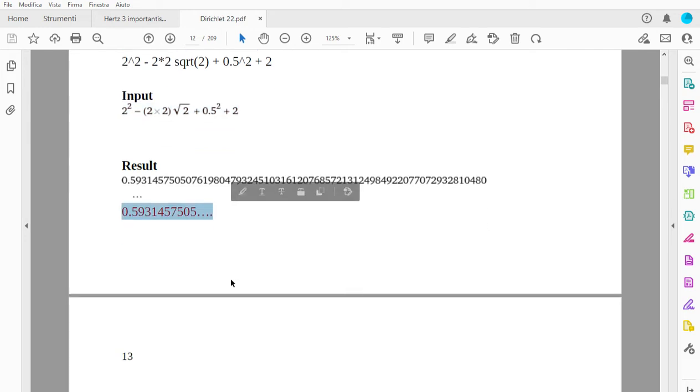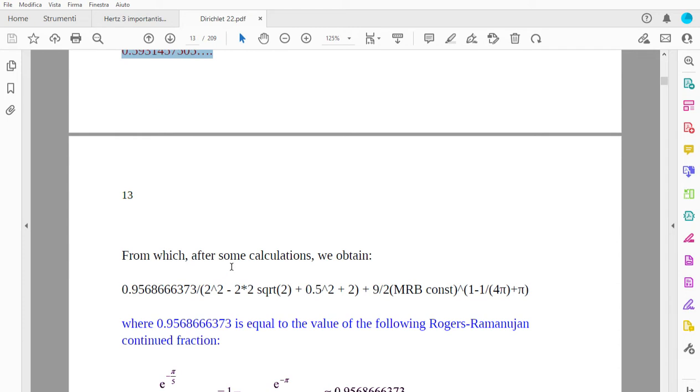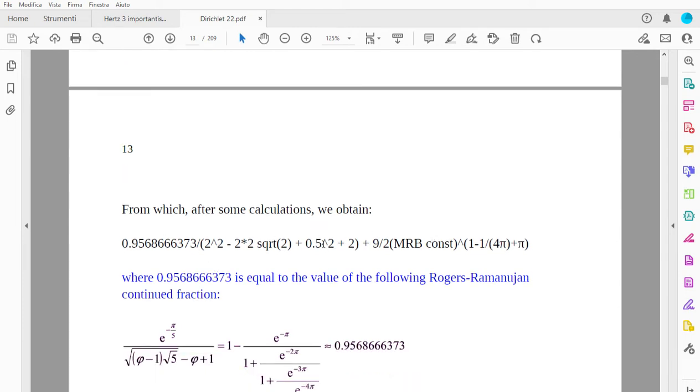From which, after some calculation, we obtain this expression.